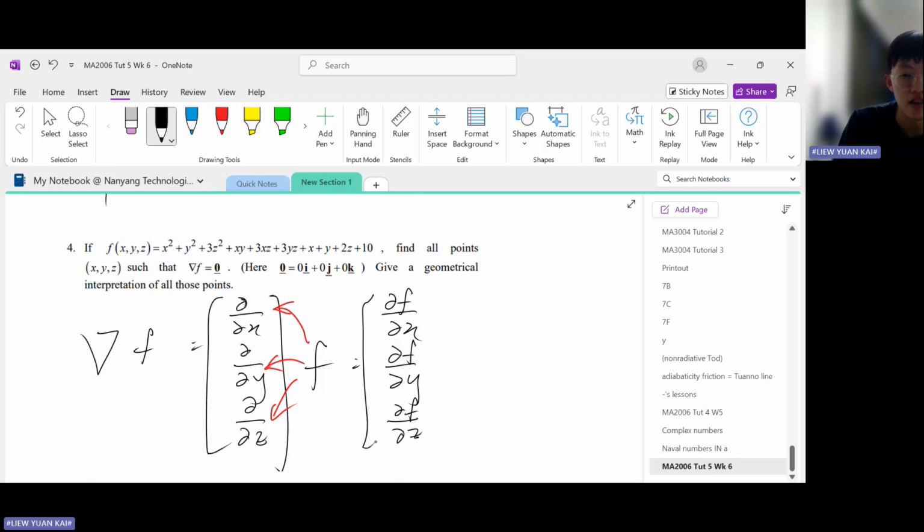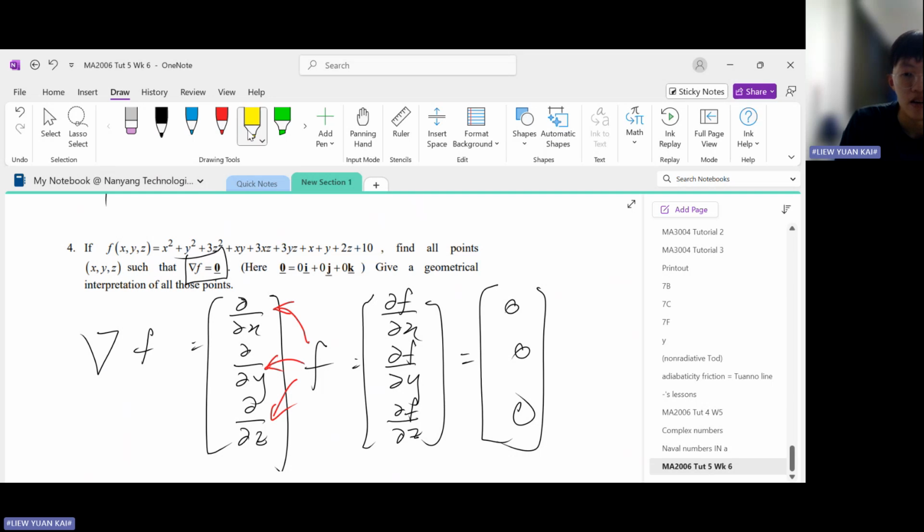They are saying that nabla of f is equal to the 0 vector, meaning it equals 0, 0, 0. So partial f partial x is 0, partial f partial y is 0, partial f partial z is also 0. So what we need to do is first obtain these partial derivative expressions.